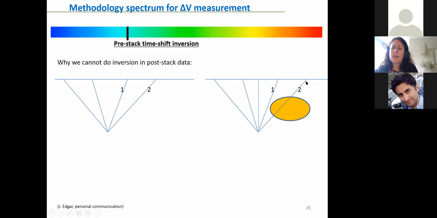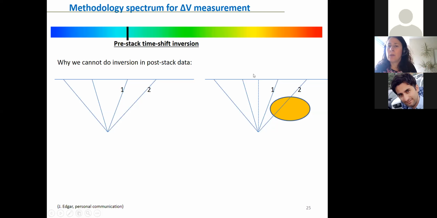So what if we migrate both ray 1 and ray 2 using this V base over here, okay? If we migrate, both these rays will be moved to some location in the midpoint, common depth point, etc. But the issue will be that ray 1 will have no time shift, but ray 2 will have a time shift.